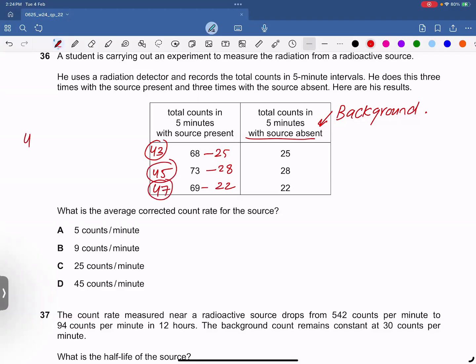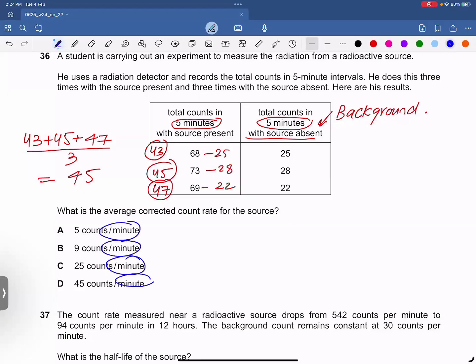Take their average: 43, 45, 47 divided by 3, the answer is 45. But these are counts in 5 minutes, and we need per minute. You divide by 5, and the answer is 9, option B.